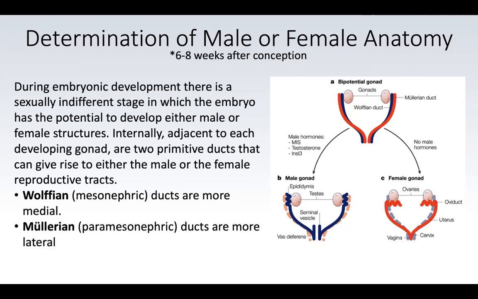So you've got the Wolffian duct, also known as the mesonephric duct. It is pictured for you here on this slide. There are also Mullerian ducts, also known as paramesonephric ducts. So in blue is the Wolffian duct. In red is the Mullerian duct.